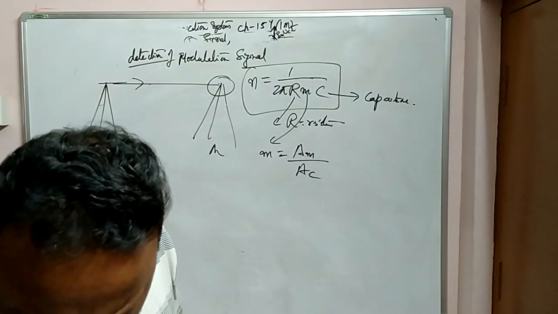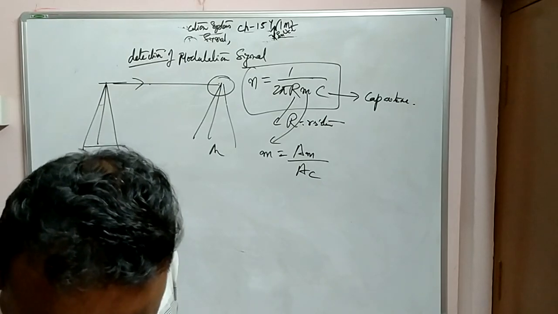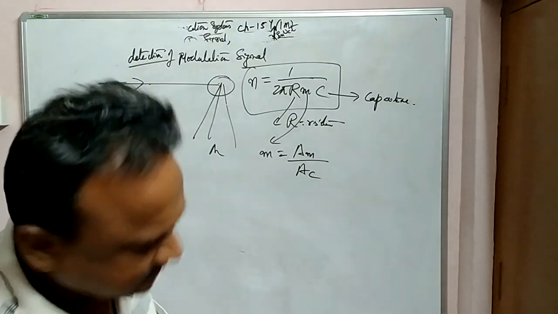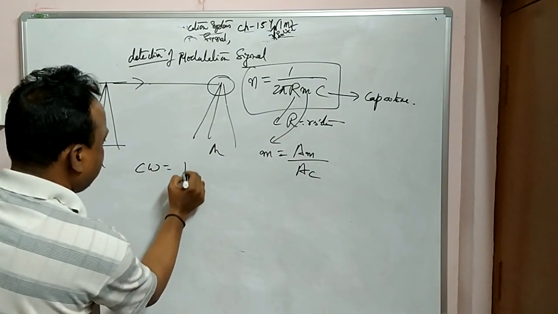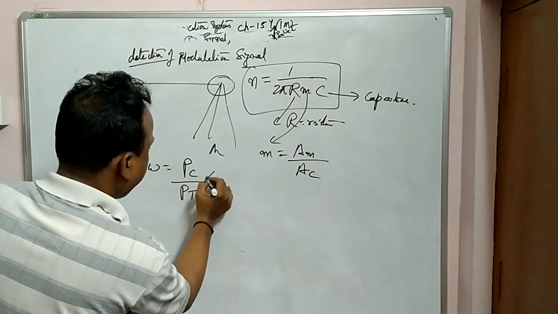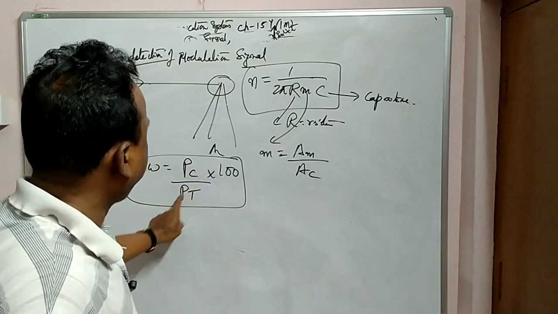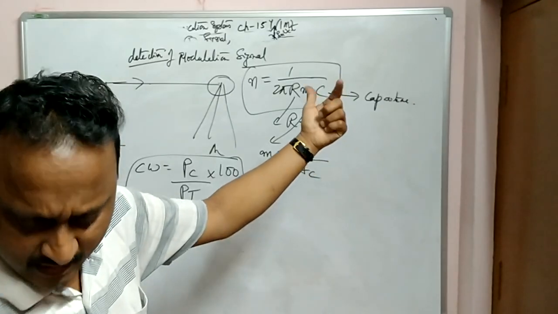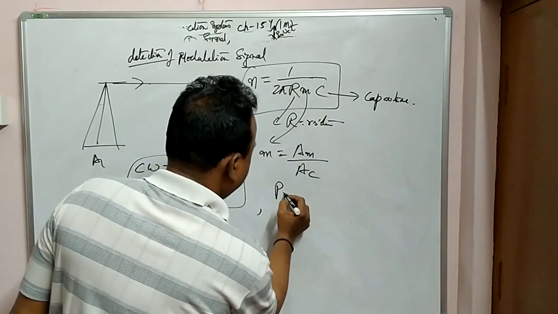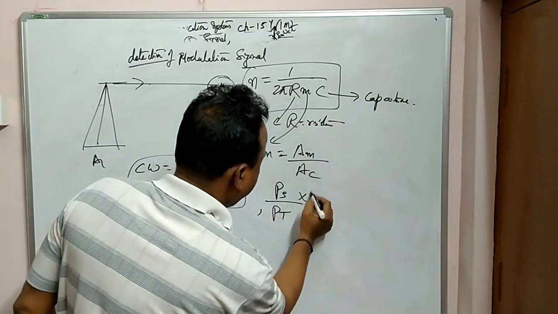Now we are almost coming to the end. Sometimes if they ask for some percentage, carrier wave percentage, then you have the formula: power carrier by power total into 100. Similarly, another one: power sideband by power total into 100.